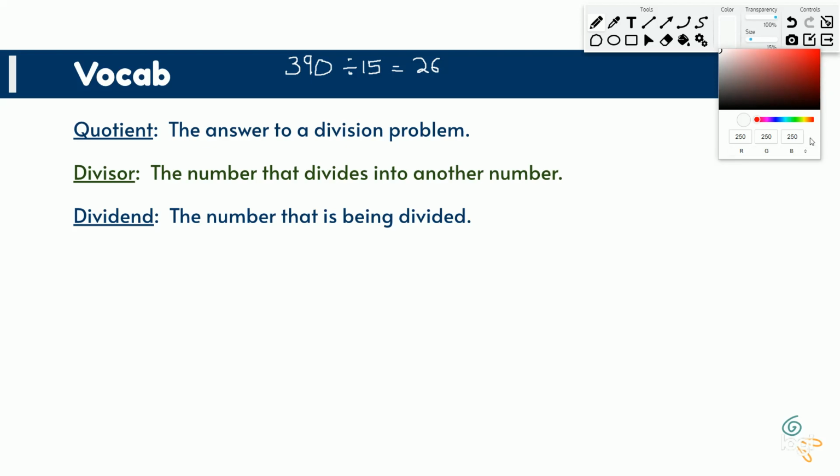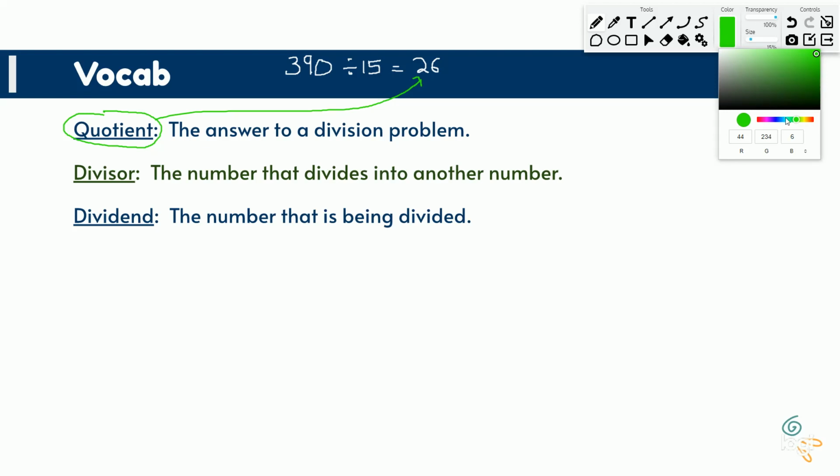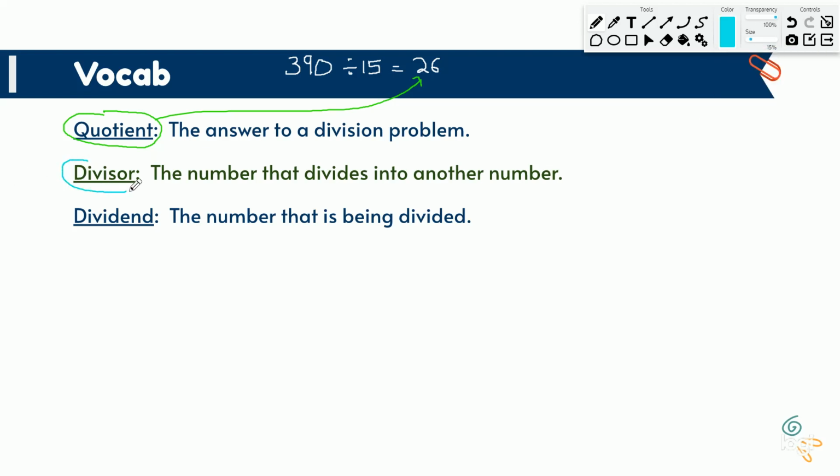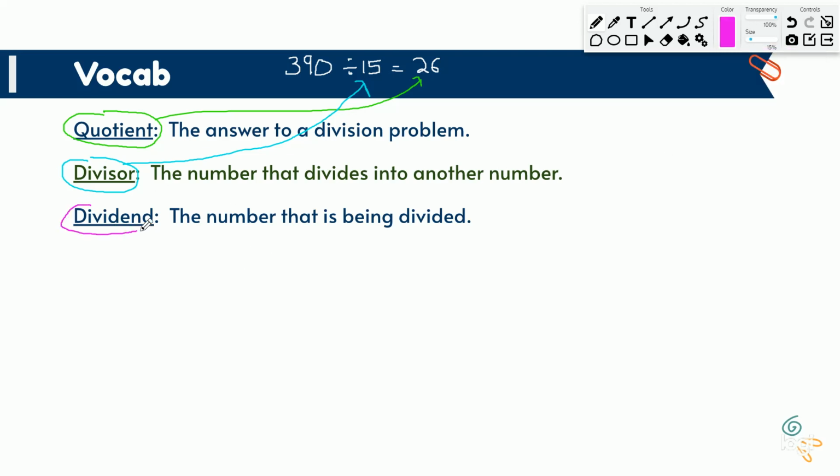The quotient of this problem here is 26, because that is the solution or the answer. We have the divisor, which is the number that divides into another number. So we are dividing 15 into 390, so that's the divisor. And then we have the dividend, which is the number that is being divided, and that would be the 390.